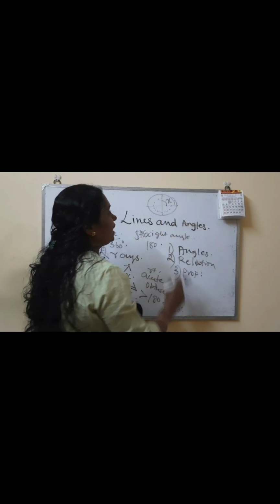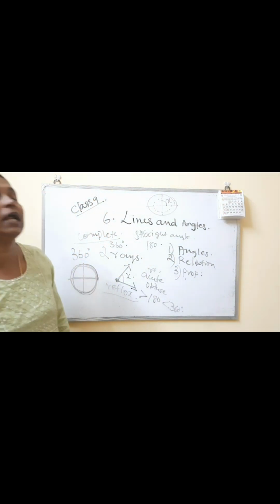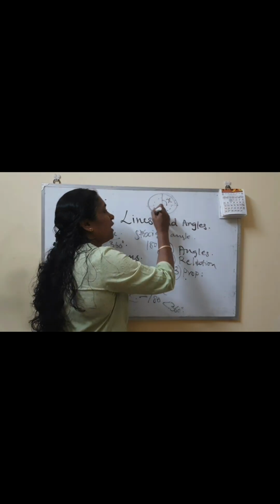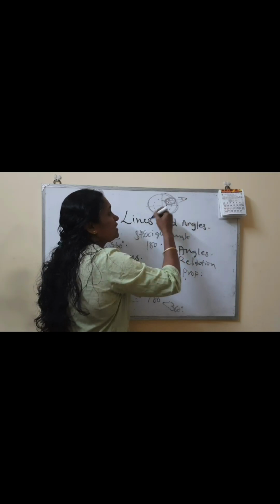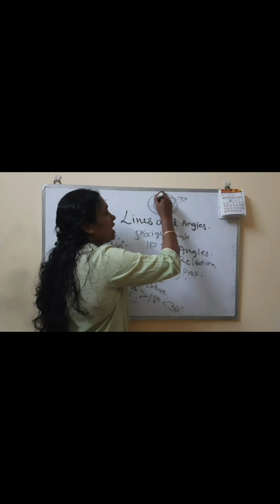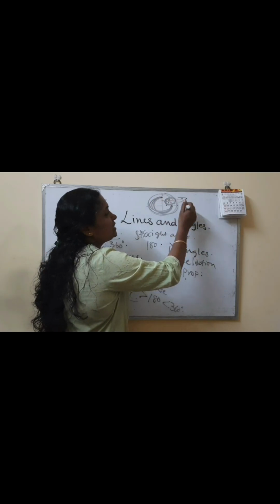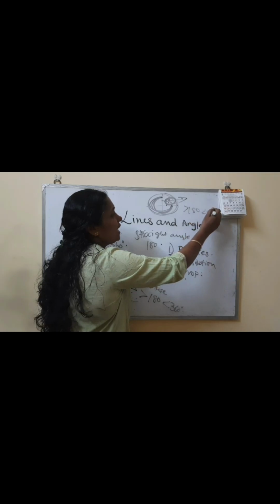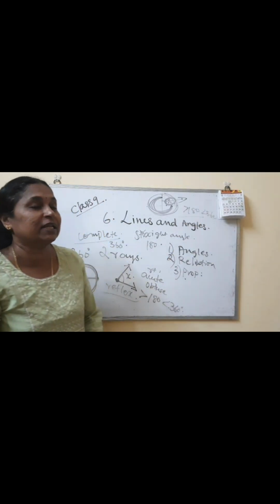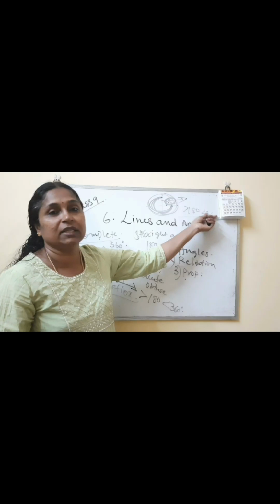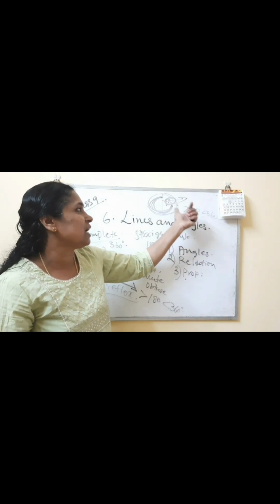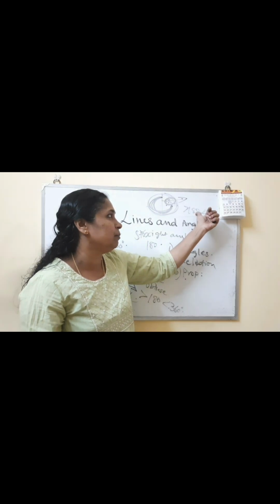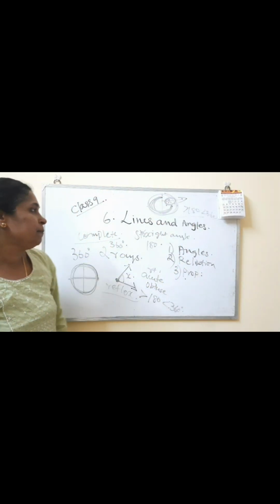Excluding x, we calculate the total angle: the total angle is calculated and we exclude this x. So this will be the reflex angle. Its measurement is always greater than 180 and up to 360, since the circle has a full angle of 360.